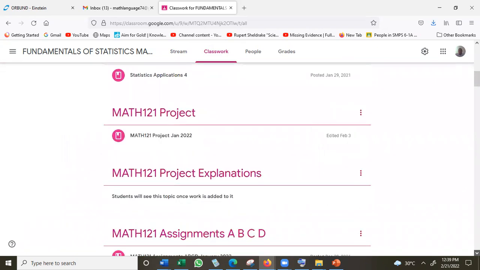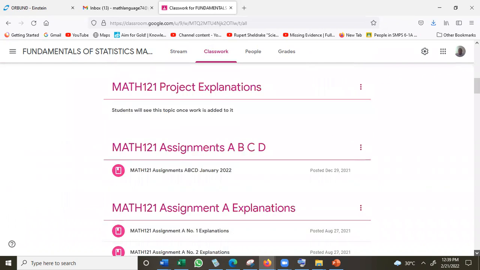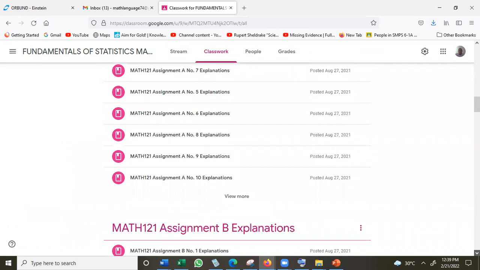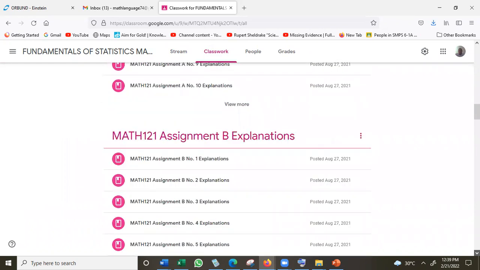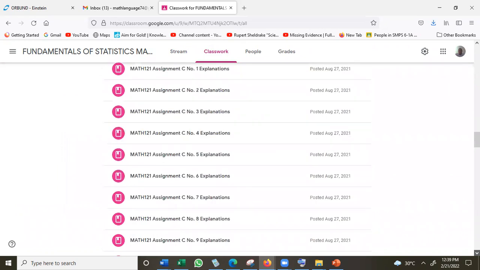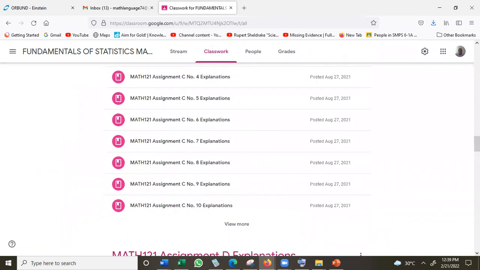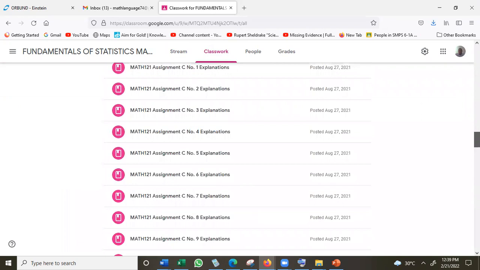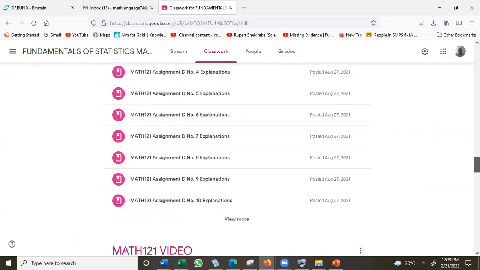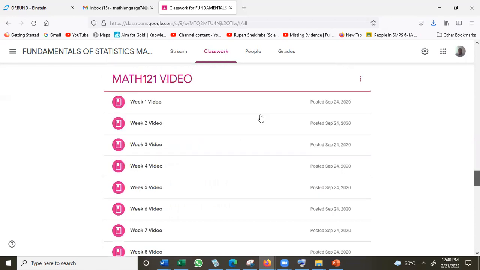Project explanations, assignments A, B, C, and D, assignment A explanations, assignment B explanations. All that is there from the beginning. Assignment C explanations, we're on assignment C, number 1. So there's an explanation for number 1. Assignment D explanations, and we have the video.